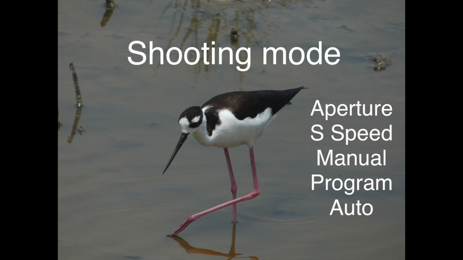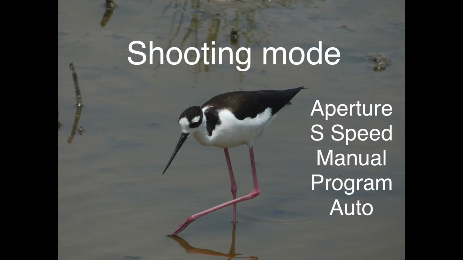People may also shoot in the auto mode because there are certain times when the auto mode will produce a good photo, and that is all they desire. However, there are other times, because of varying conditions, that the auto mode doesn't perform as desired.